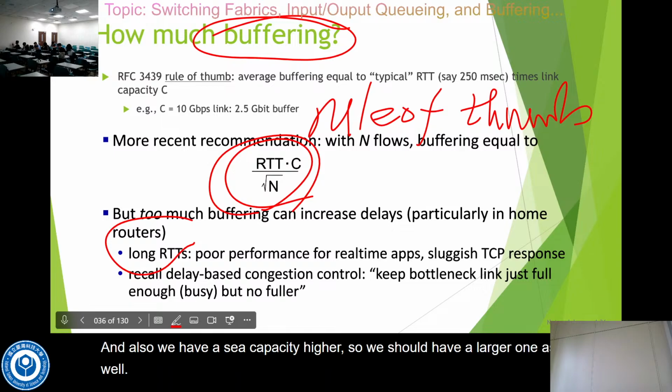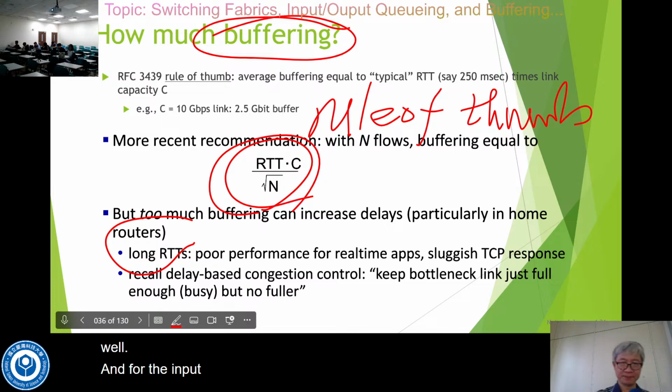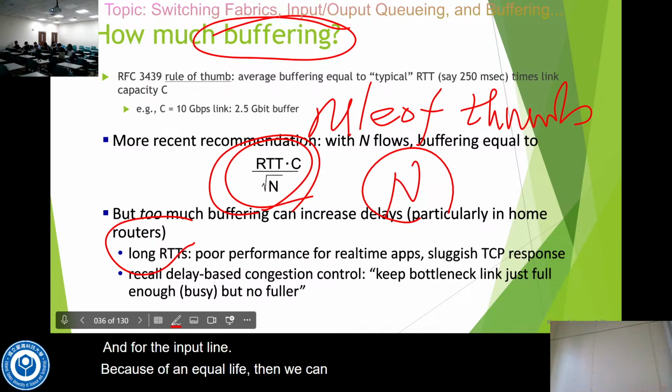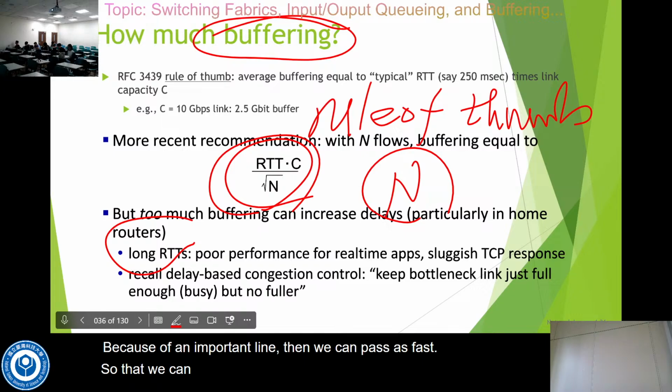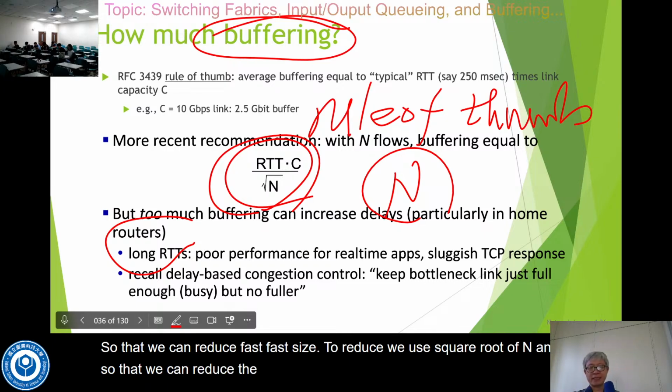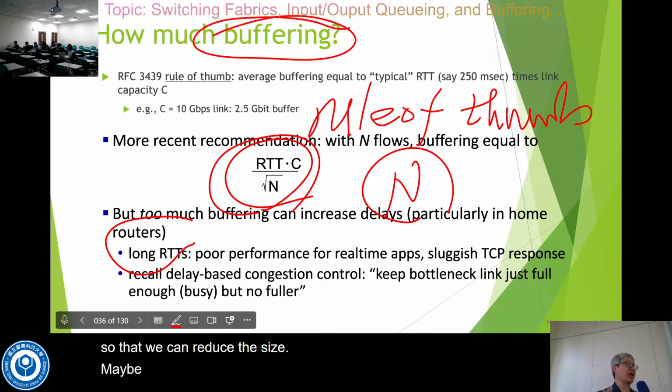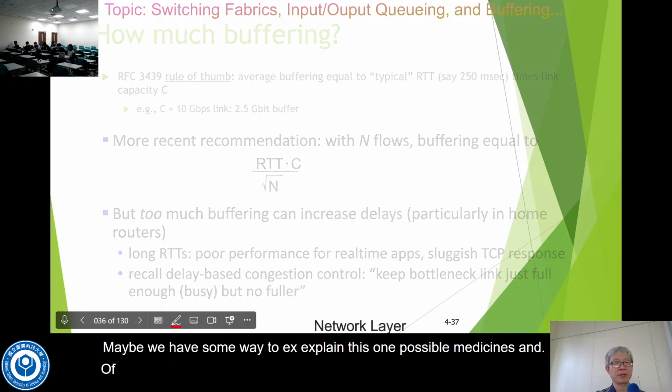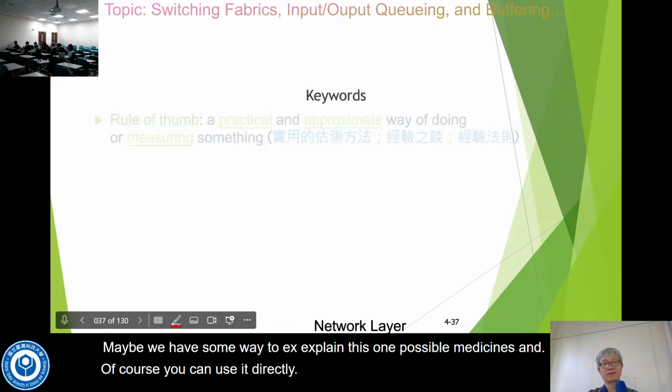And for the input line, because of an input line, we can process faster, so we can reduce the size. But what's the size to reduce? We use the square root of n, so that we can reduce the size. Maybe we have some way to explain why this makes sense, and of course you can use it directly.